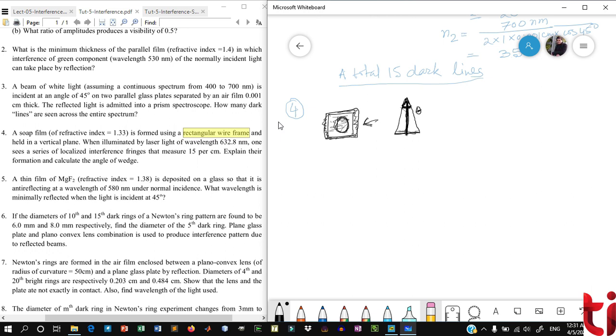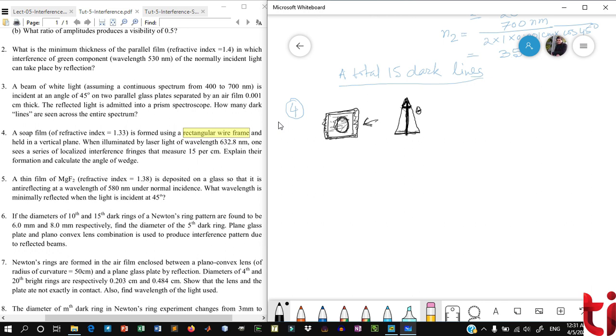Let's think about it again. Why is this wedge forming? Because the soap film is made up of some polymers dissolved into a solution and some other molecular materials, and so that's in a very liquid form.